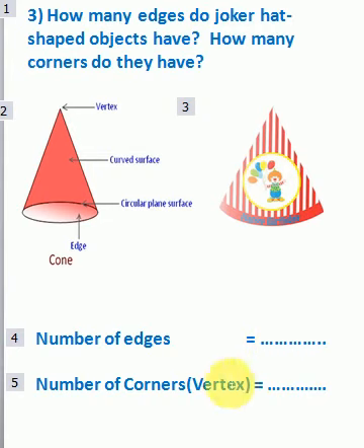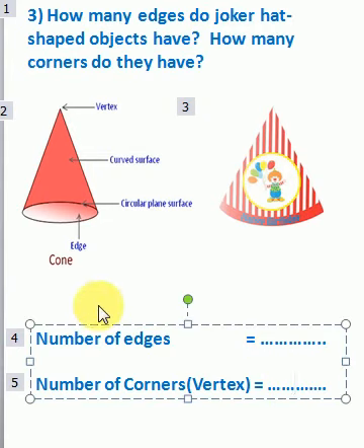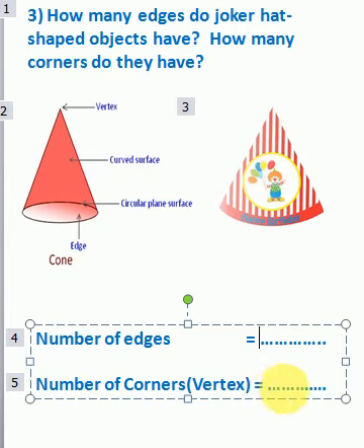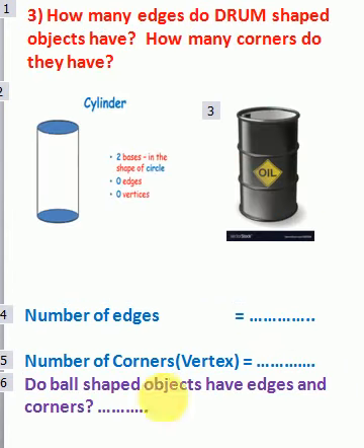Number of corners: 1. So you will write the number of edges is equal to 1 and the number of corners, that is vertex, is 1. Next one.